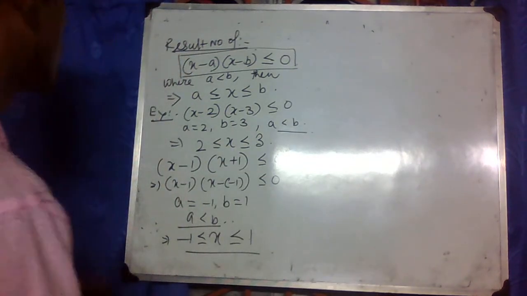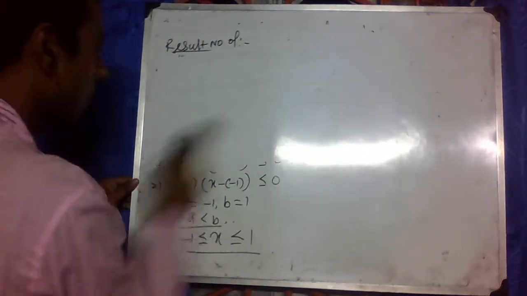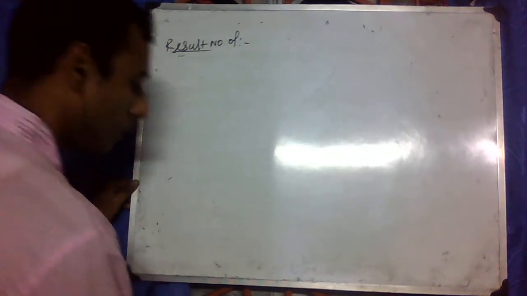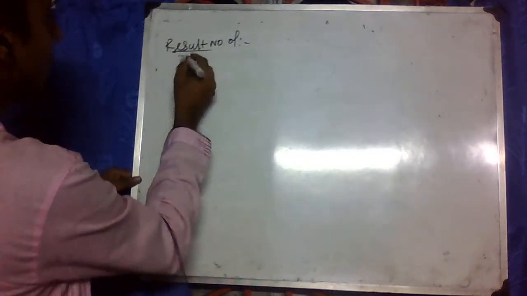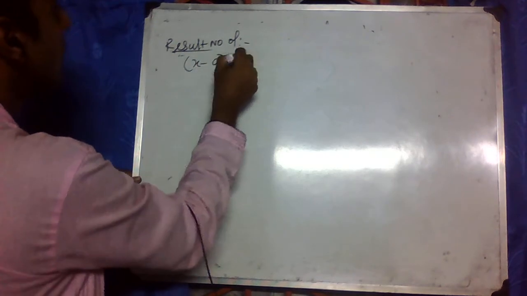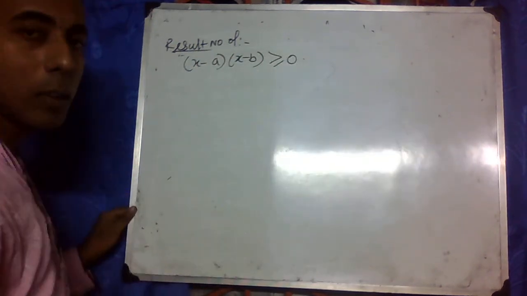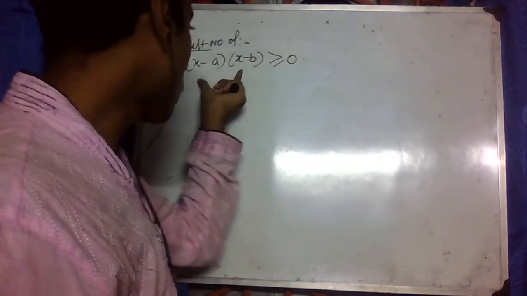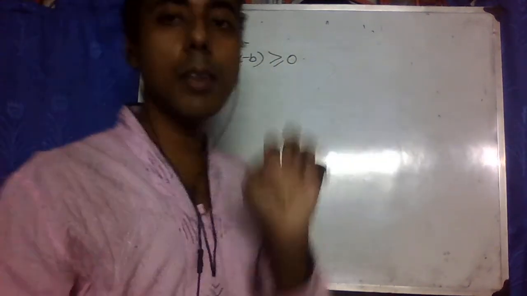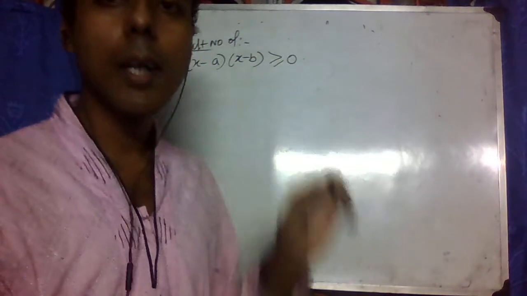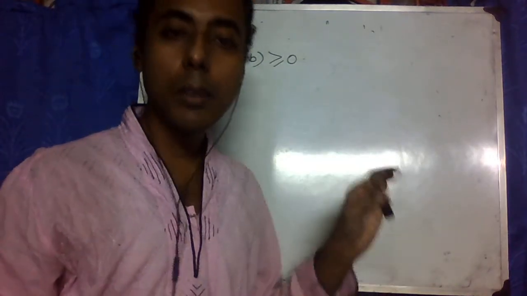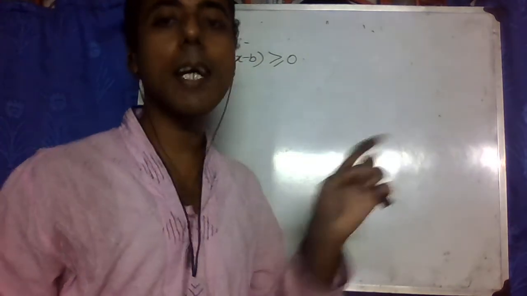Result number 2. In the previous result, this product term is less than or equal to 0. Now in this case, the product term is greater than or equal to 0.